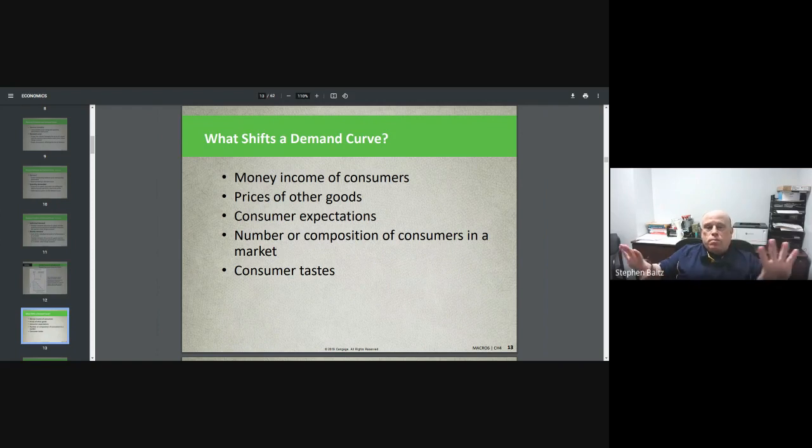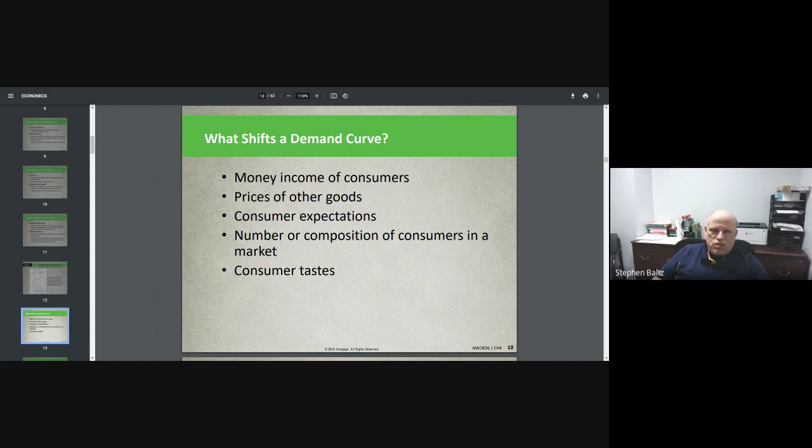Now, if the goods are completely unrelated, for example, the price of automobiles is probably not going to have any effect on the price for computers, because the two goods are completely unrelated. So prices of other goods can shift the demand curve or change demand.